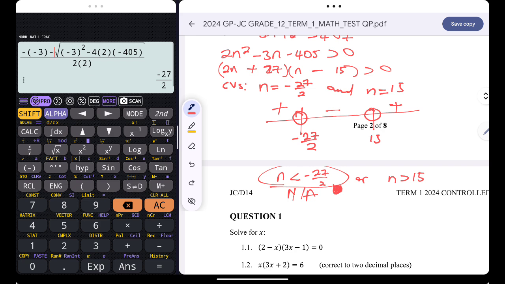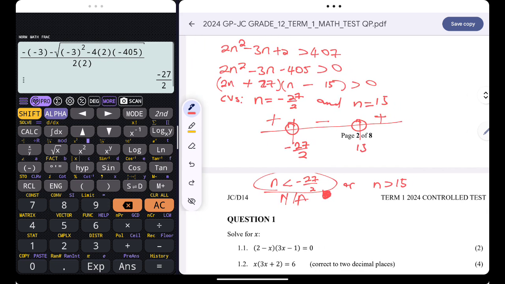Are you together? So I'll just focus on this answer. So the first term that will be greater than 407 will be the 16th term. Are you together? I must just take the first integer value which is greater than 15.